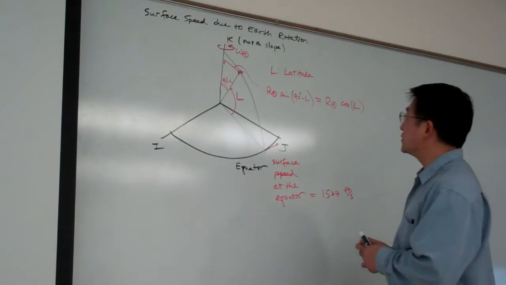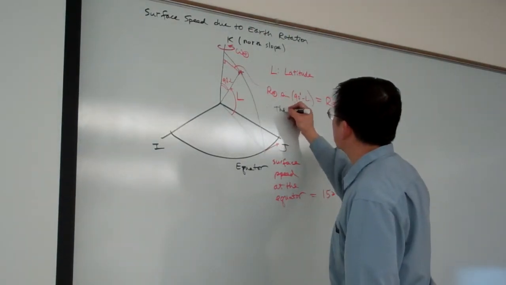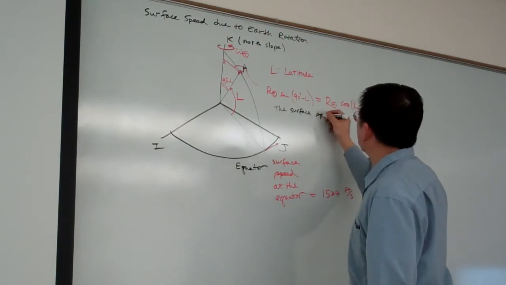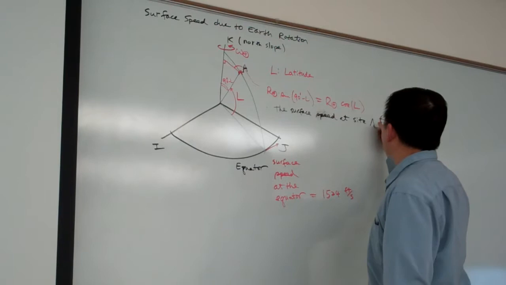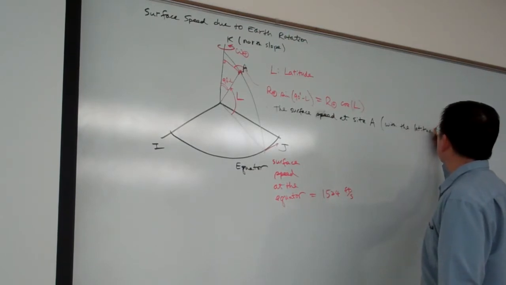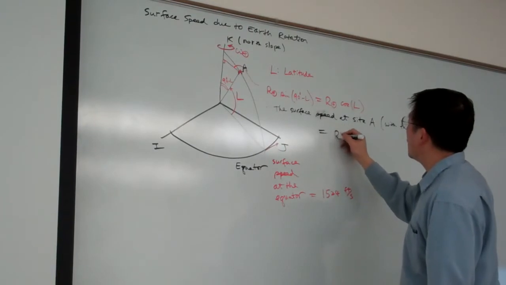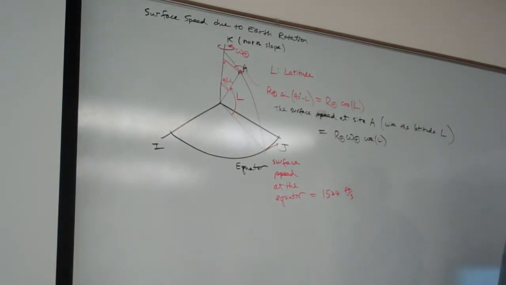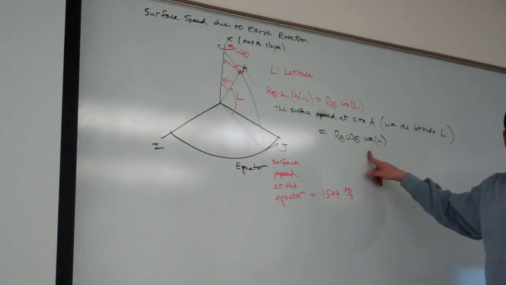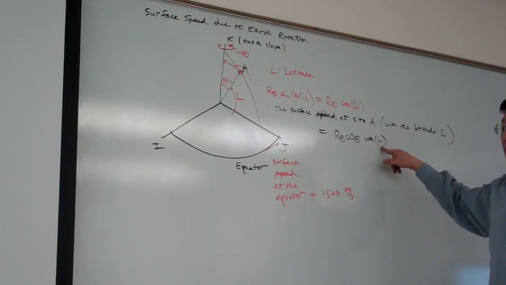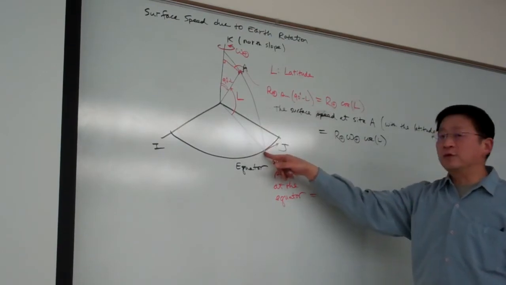Therefore the surface speed, let me call this site A with the latitude L, is equal to the radius and omega times cosine L. So the surface speed at any site on the surface of the Earth is determined by the latitude, and the maximum value is when L equals 0, which means the equator.